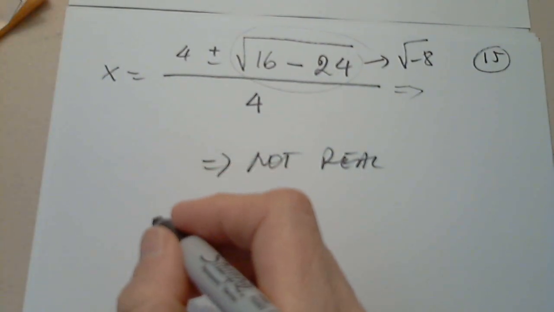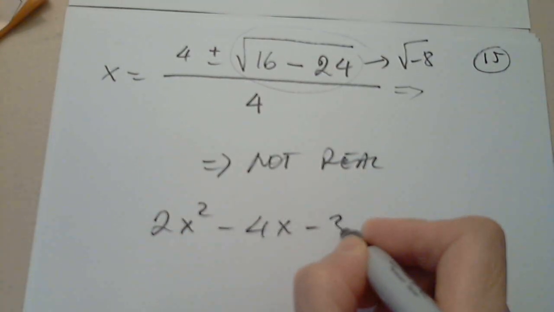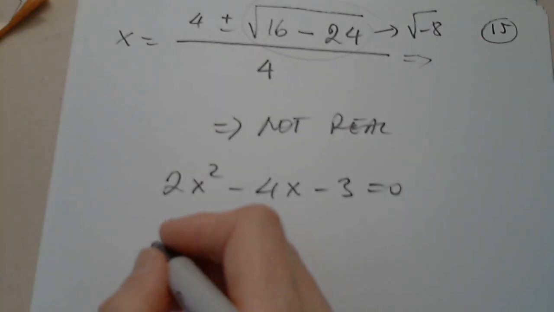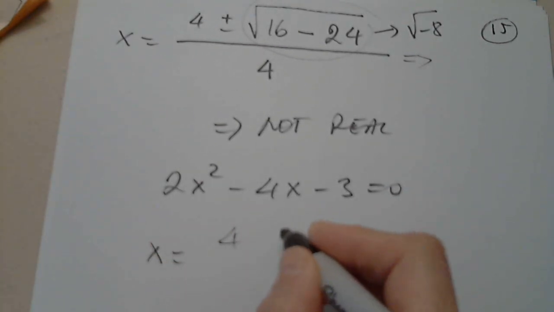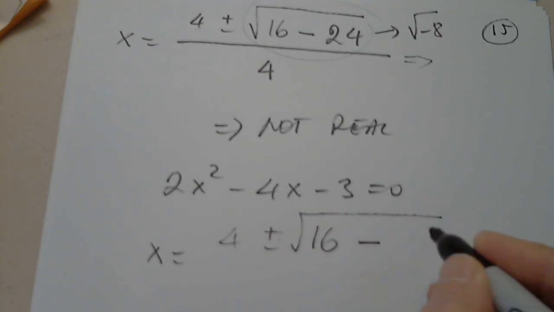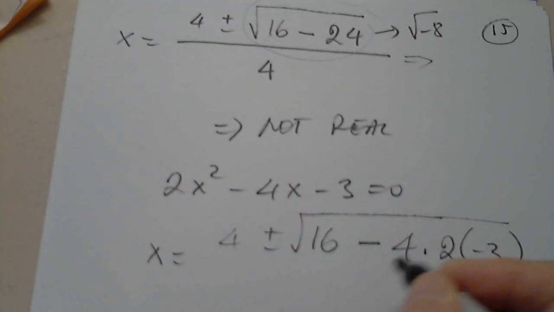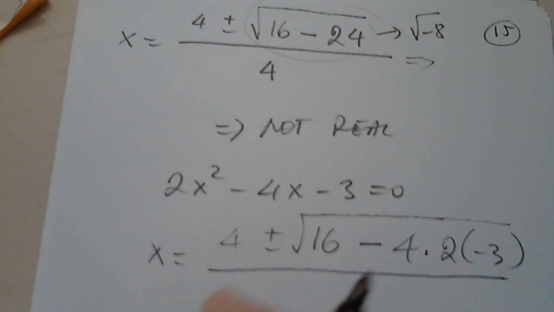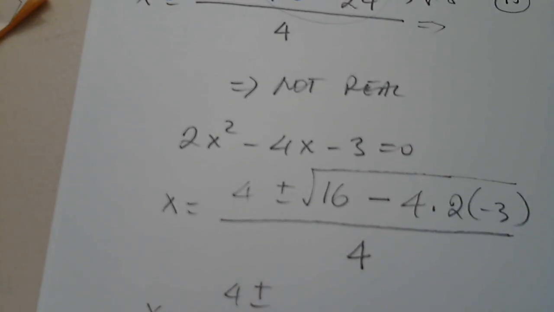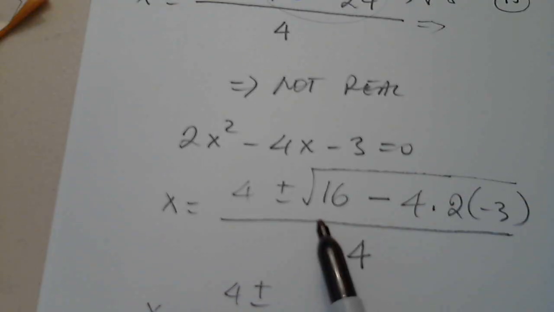Okay, so what if I have 2x squared minus 4x minus 3 equals 0? I changed the problem a little bit because I want you to see the final option. Negative b, plus or minus b squared minus 4 times 2 times negative 3, divided by 2 times a. Now this is okay. So x equals 4 plus or minus 24 plus 16, 40.